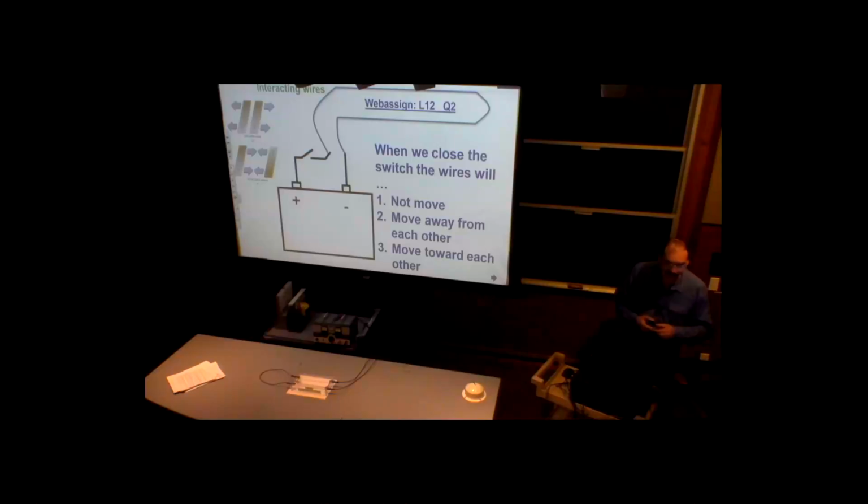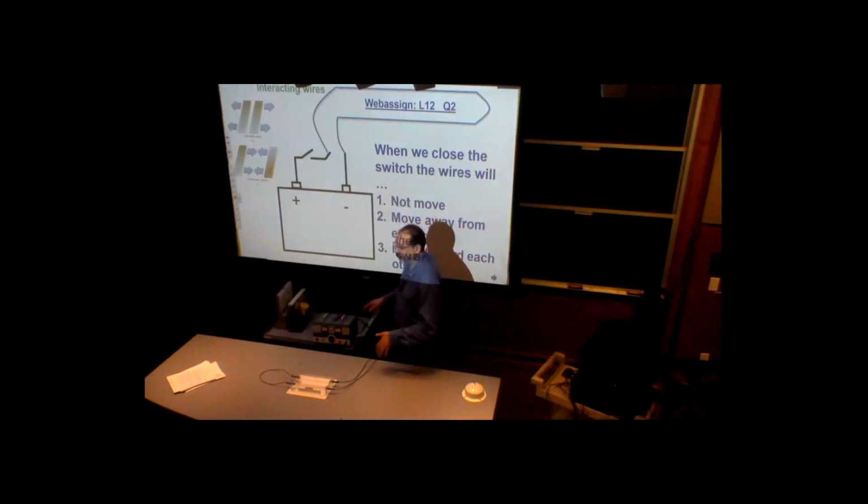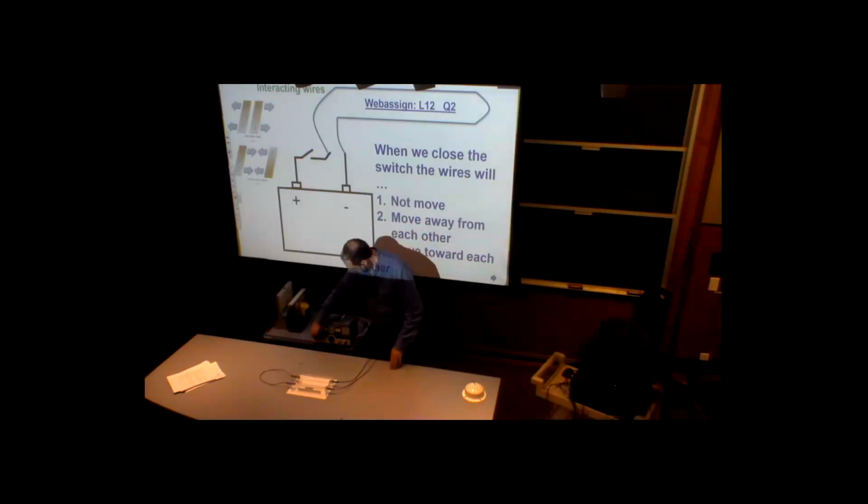But right now, I want to ask you what should happen in this experiment. I'm going to switch to the camera soon, but for now, this picture represents what's happening right here. We have a power supply or a battery, a switch, wires connected to the power supply, and these are conductive wires which actually can move left and right, up and down a little bit.